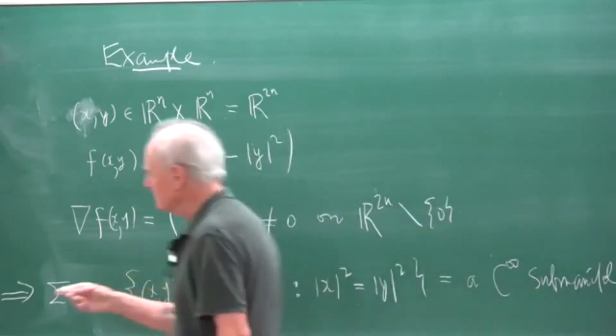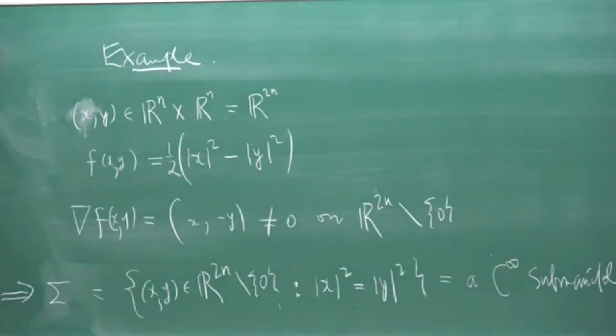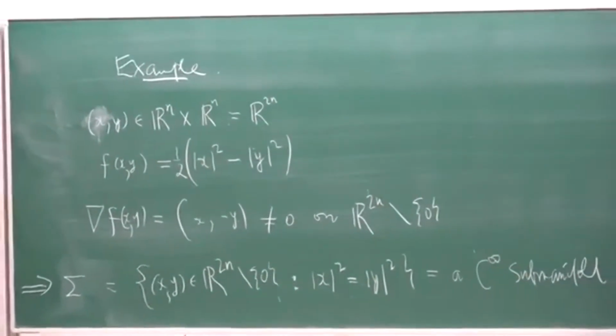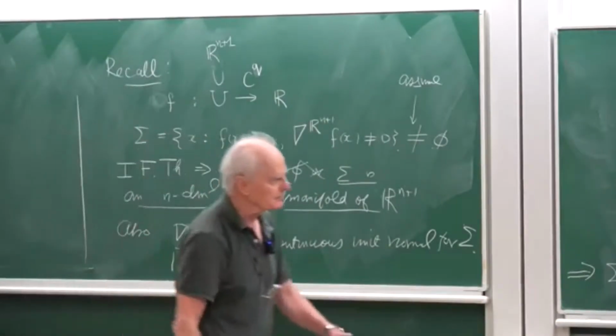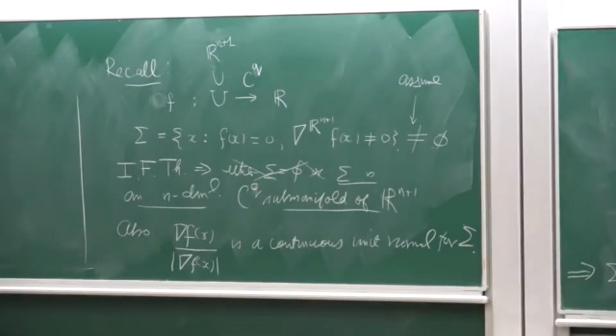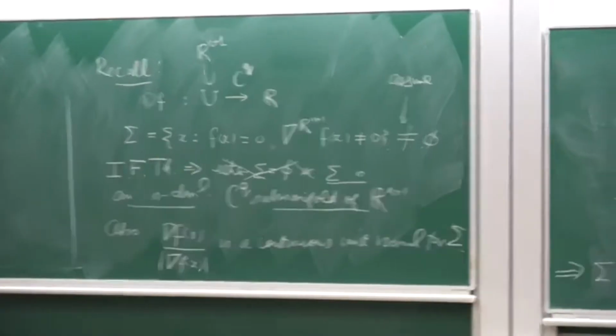I mean, this result is general. Remember, if this is C^q, then correspondingly, this becomes a C^q submanifold. So in particular, if it's C infinity, then you get a C infinity submanifold. Now, in this case, we're in R^(2n), so it's (2n-1)-dimensional. And I claim this is a minimal submanifold.